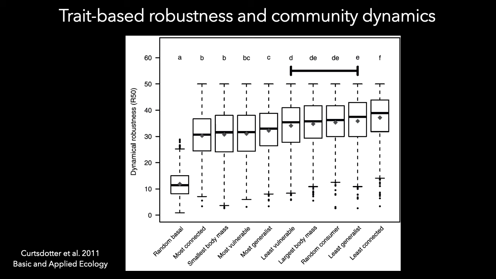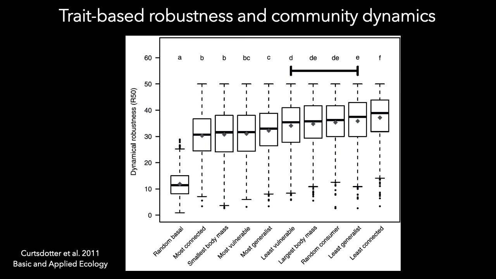We can see that on the x-axis we have all the different types of models. The random removal of basal species was the one giving lower robustness levels.